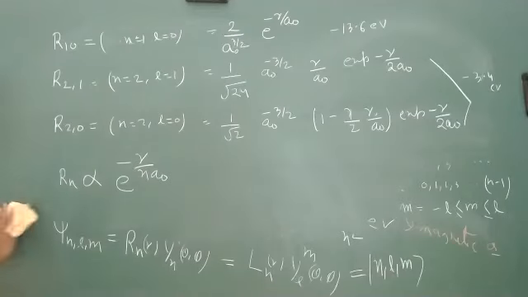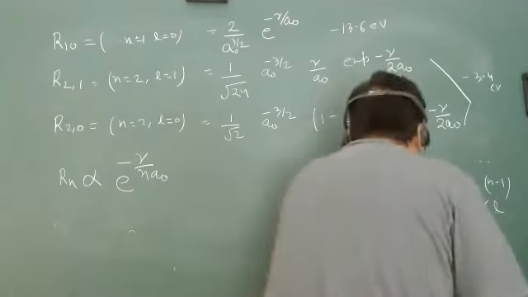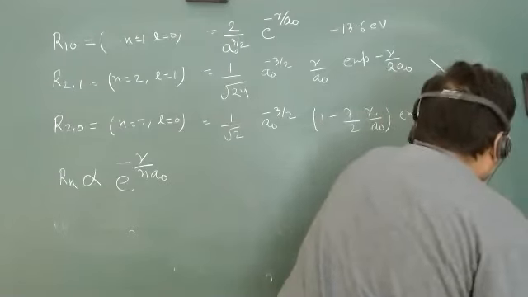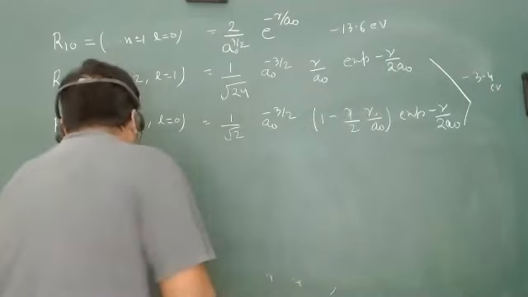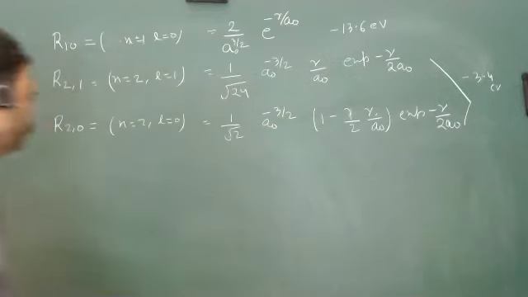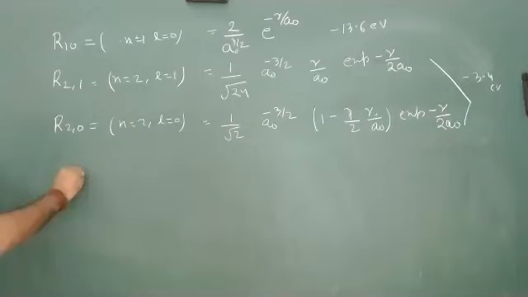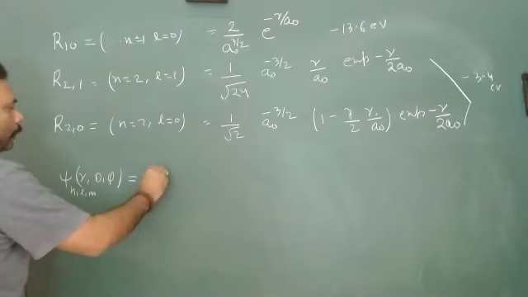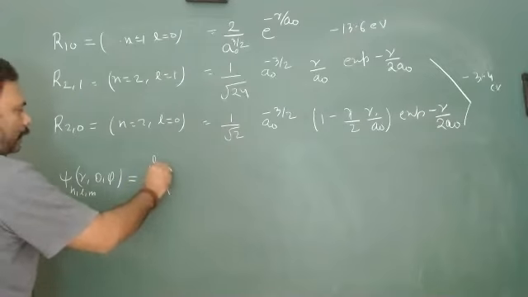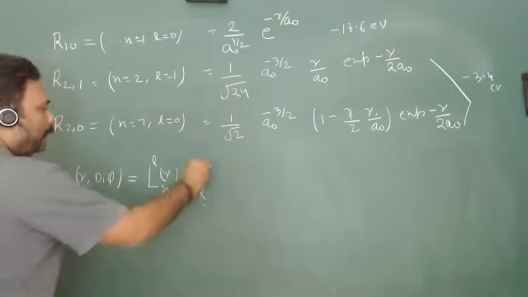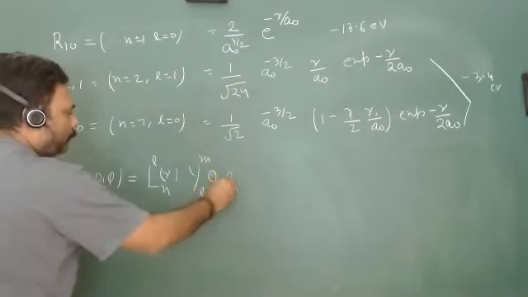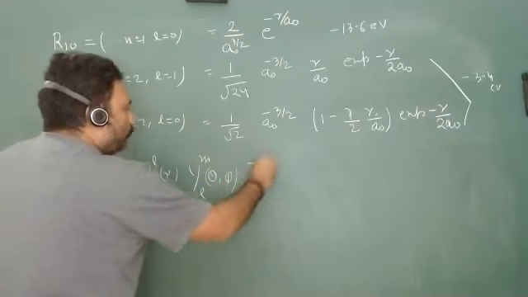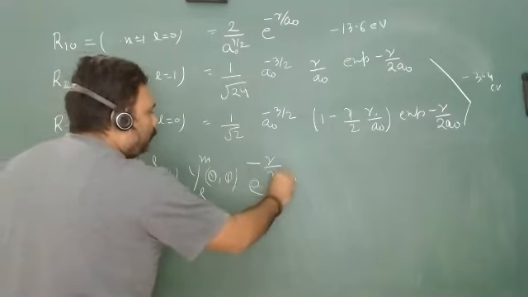In fact, you can write the wave function like this: psi_nLm(r, theta, phi) is equal to Laguerre polynomial in n and L, times Y_Lm(theta, phi), times e to the power minus r by n a naught.